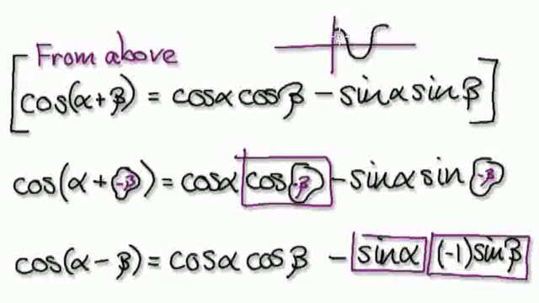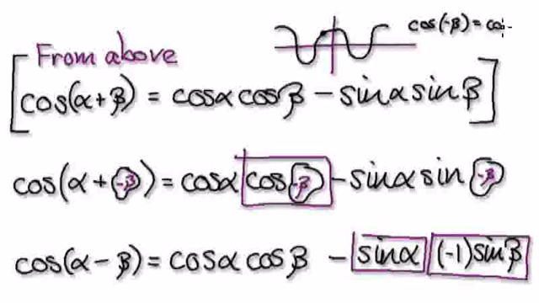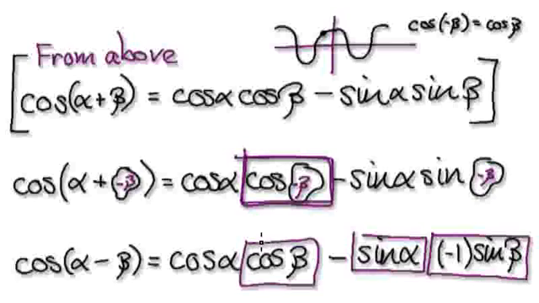It's an even graph, an even function. So because it's an even function, cos minus beta is the same as cos beta. Okay, so this thing here, we know this is exactly the same as this.